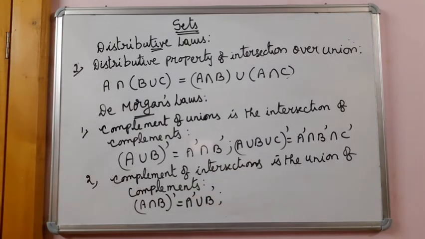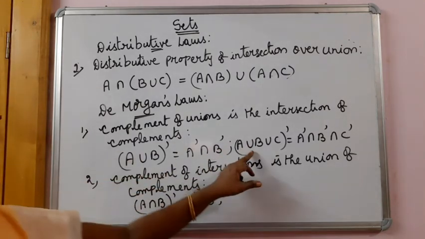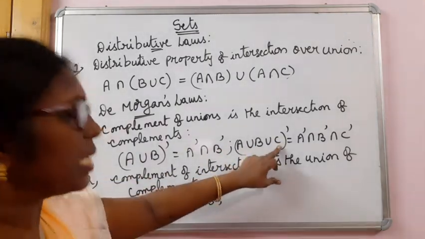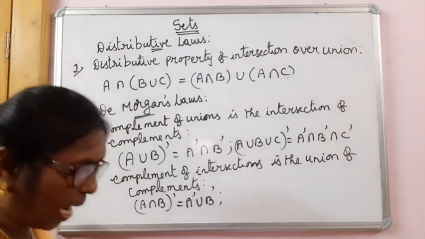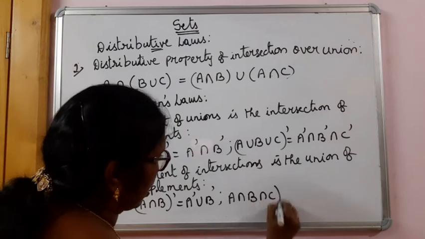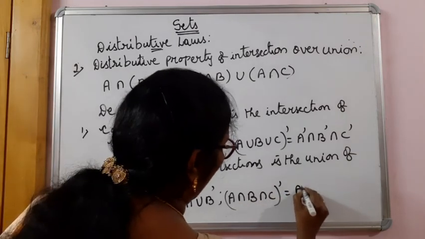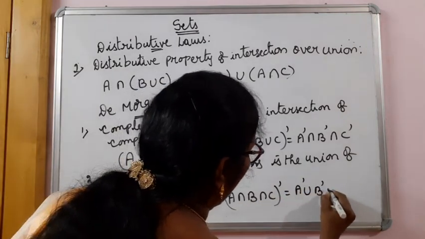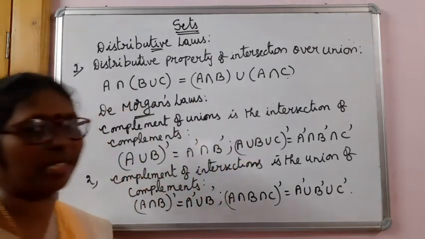In the same way, if there are three sets, (A intersection B intersection C) whole dash is equal to A dash union B dash union C dash.